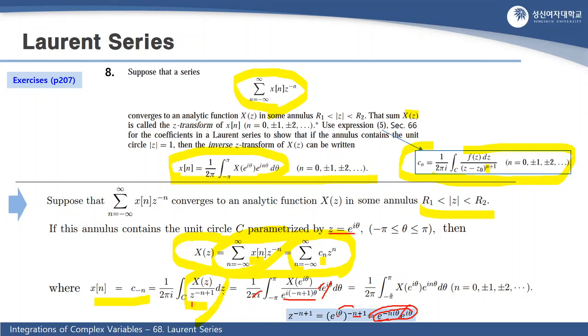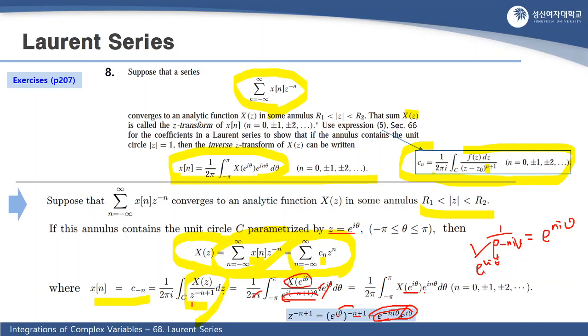So we get 1 over 2 pi times the integral from negative pi to pi. Here g is replaced by e to the i theta, so we get X of e to the i theta times e to the negative n i theta. Then 1 over e to the negative n i theta is equal to e to the n i theta, because this part is equal to 1 over e to the n i theta.